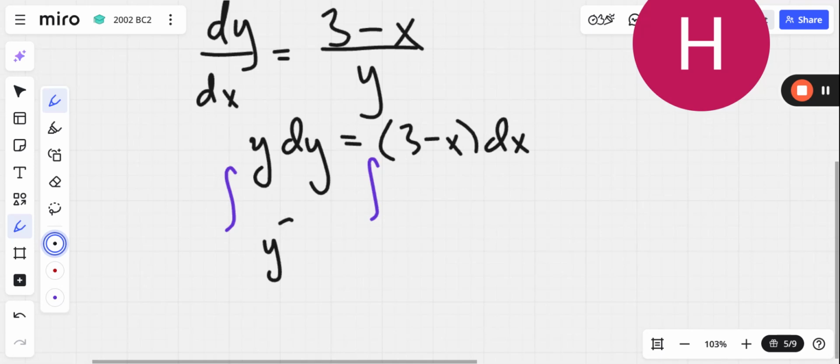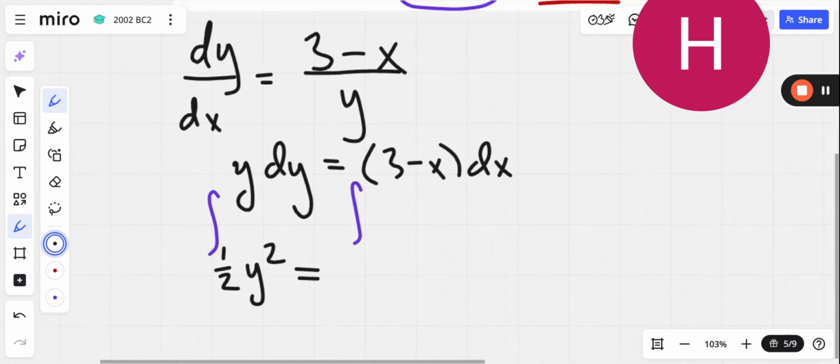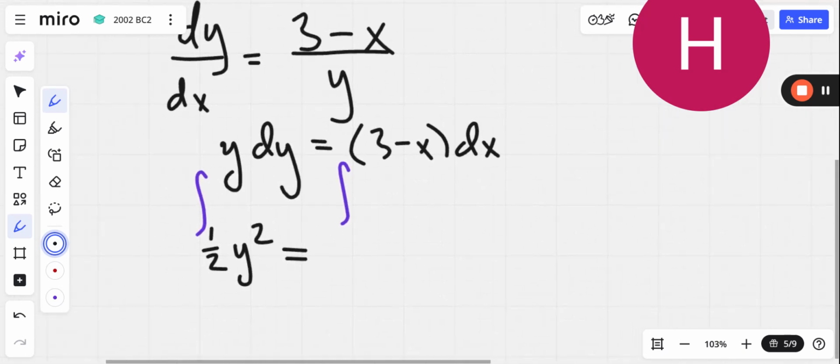This gives us 1/2 y squared. So maybe we don't have an exponential function. The differential equation would look a little bit different. This is going to be 3x minus 1/2 x squared. It's looking more like a square root function, actually.